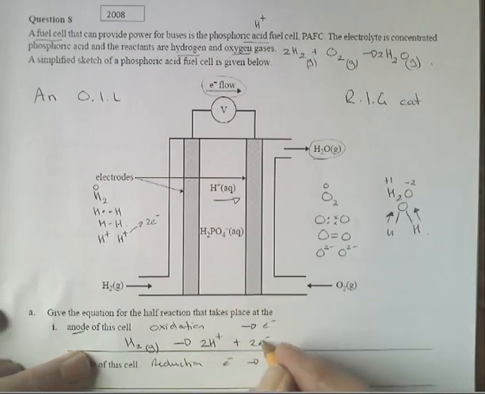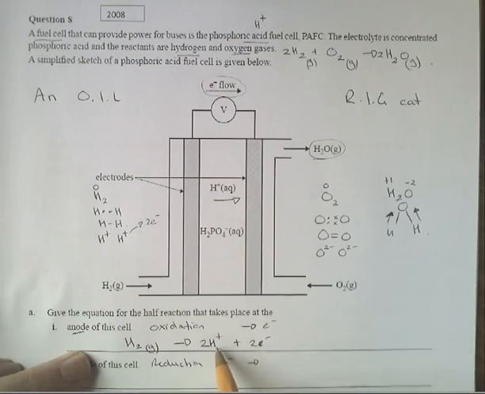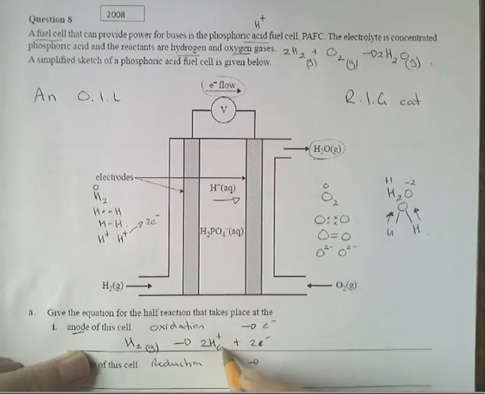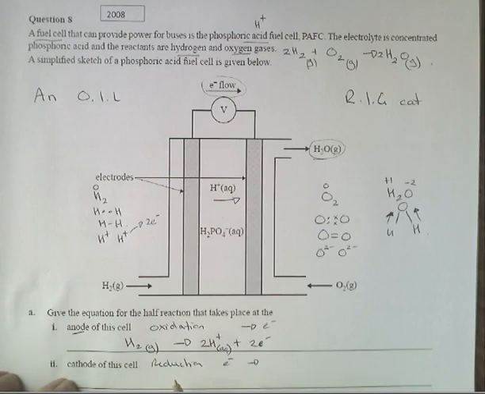Another way of checking that the electrons are on the right side: there's no charge over here, so you need no charge over here. So 2 positives, 2 negatives makes no charge. Make sure you put the negative on there. You must have states for half equations.